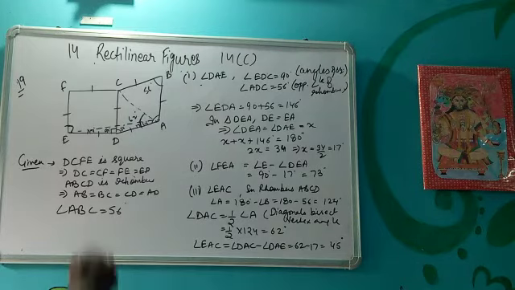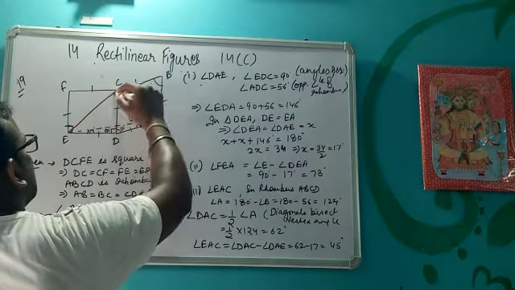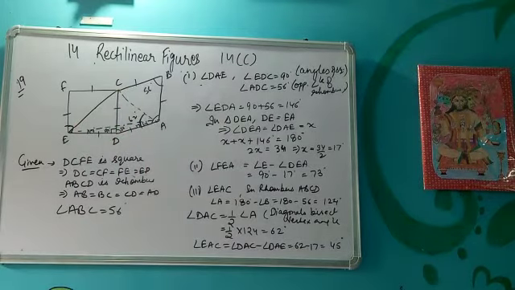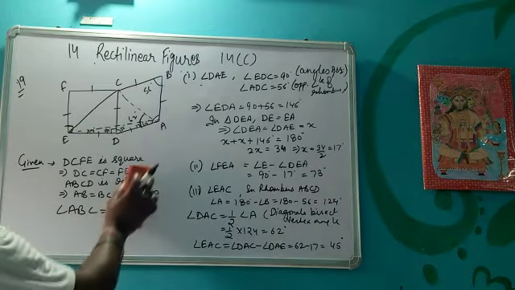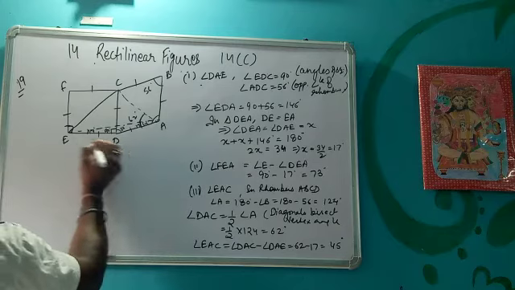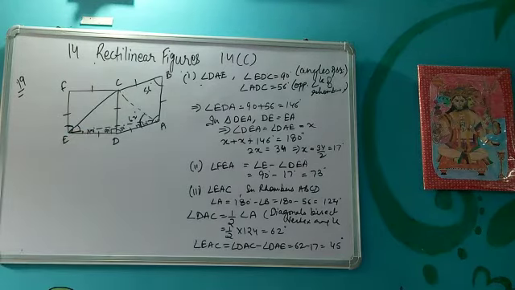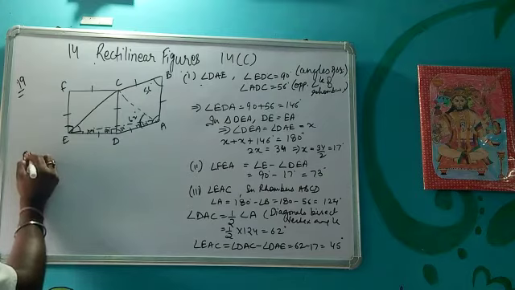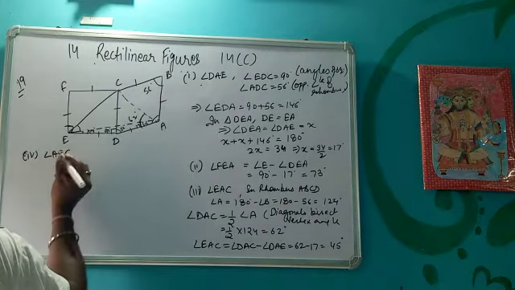Okay. Now last, we have to find angle AEC. So now what we have to find? This angle. So this angle we already knew. In the fourth part, angle AEC.